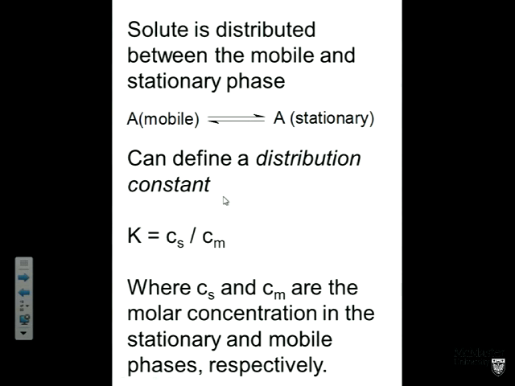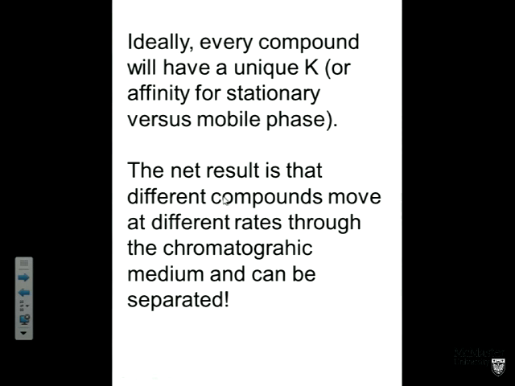Different compounds will partition differently between the stationary phase and the mobile phase. So they will have different equilibrium constants. They will travel at different rates through the column or up the planar surface. So in an ideal world, every compound that we want to separate will have a unique affinity, a unique equilibrium constant, distribution constant, for the mobile phase.